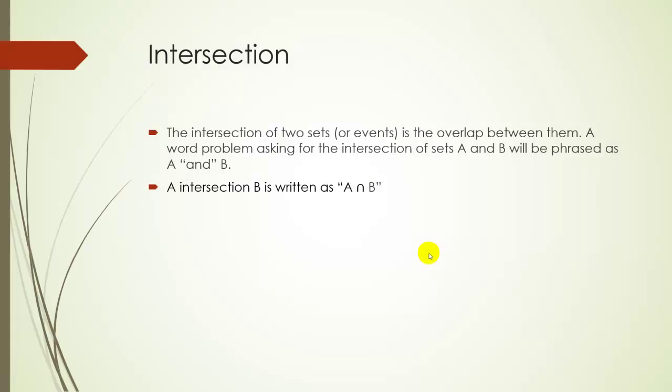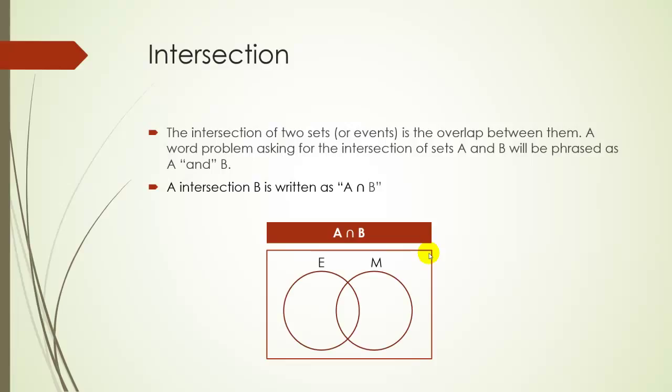It's just another way to write A and B, and we're looking for the overlap between A and B. Going back to our example, I should have labeled this E intersection M instead. Looking at this example, we're looking for the overlap, so it would be just this region. That would be the overlap of E intersection M.